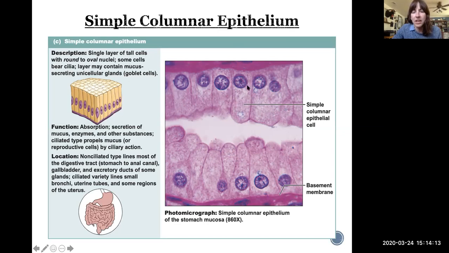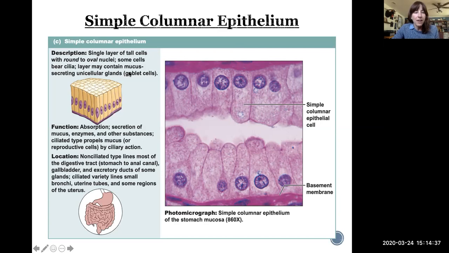Some of the nuclei can be oval. So in the other epithelial types, generally the nuclei are round. And in simple cuboidal in particular, the nuclei are very round. In columnar, they may be oval shaped. So like in this cute little drawing, we've got long, oblong nuclei going on in these columnar cells.